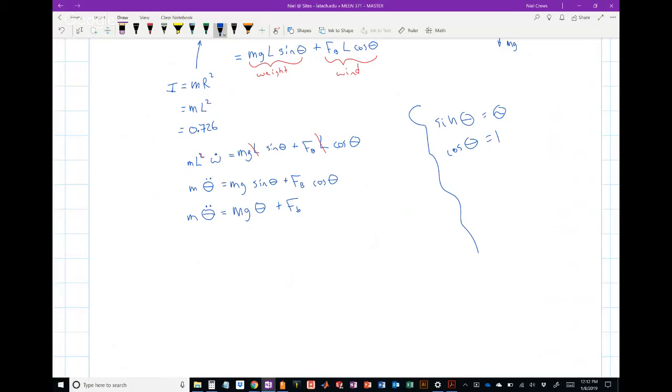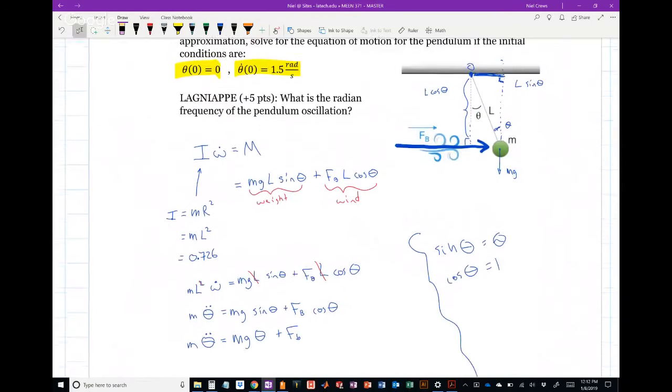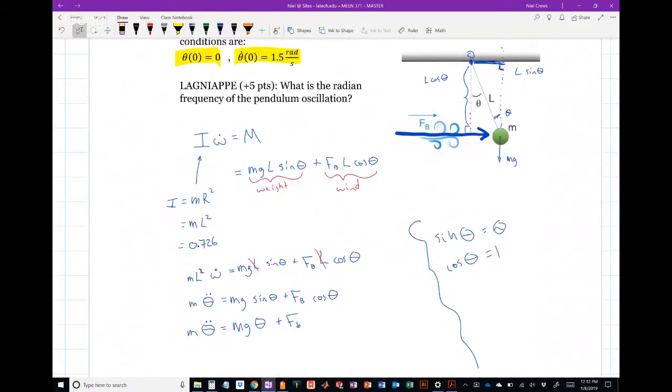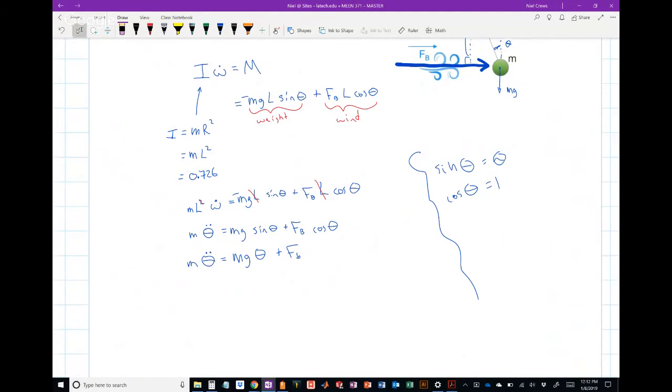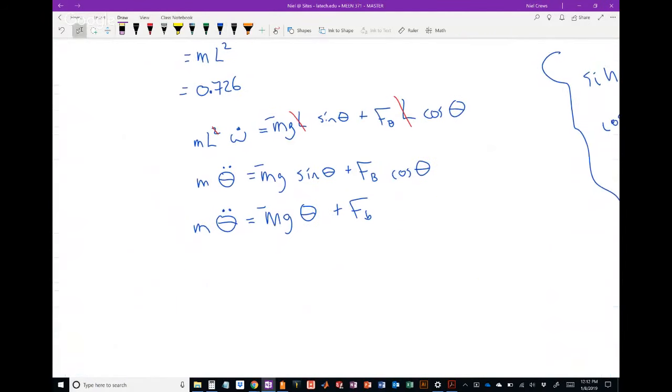Hang on, I think I missed my right-hand rule over here somewhere. Yeah, that should be a minus mgL sine theta, minus here, minus there. Yeah, sorry about that. At least I caught it before I got to the end.